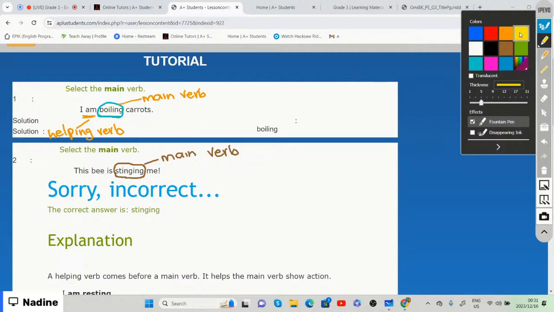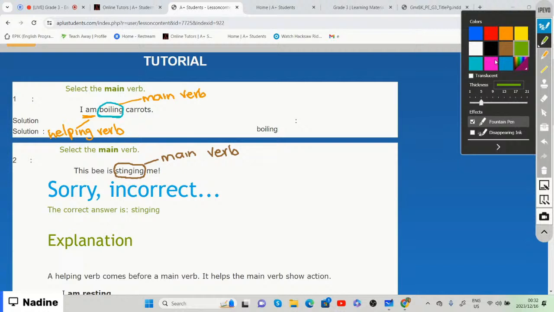And if we were to select the helping verb, if stinging is our main verb, then what is our helping verb? The bee is stinging me.